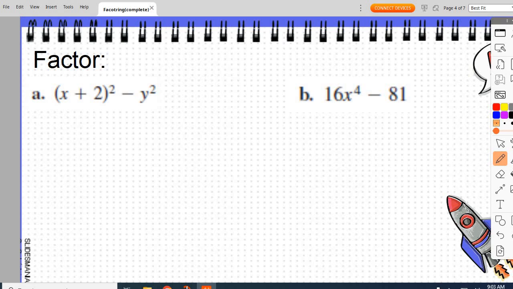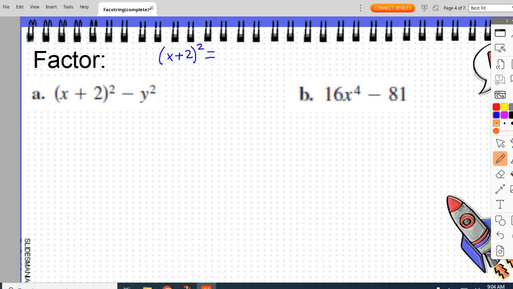Alright, so continuing on, we have some more difference of squares. So again, looking at this first one, I have subtraction, and what do we notice about both of my terms? Squares, right? Especially if they have squares on them already, it's usually a good indicator that we're going to use difference of squares. So what multiplied together is going to give me x plus 2 squared? It's not a trick question.